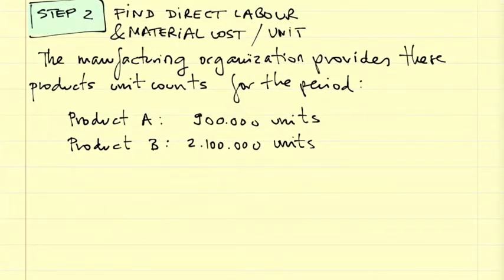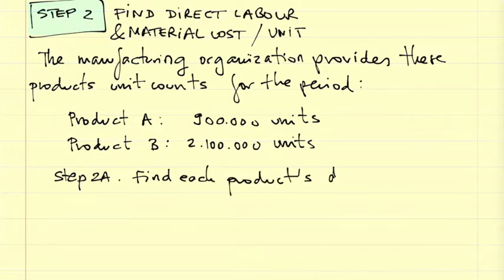The step 2A is find each product's direct cost, direct labor cost per unit.